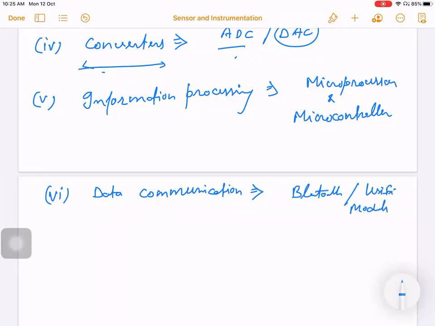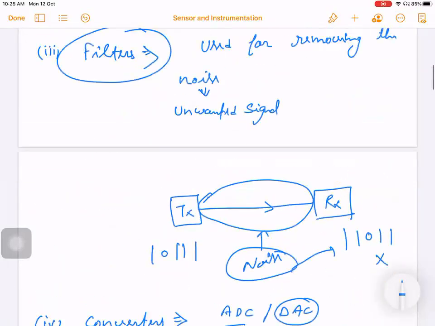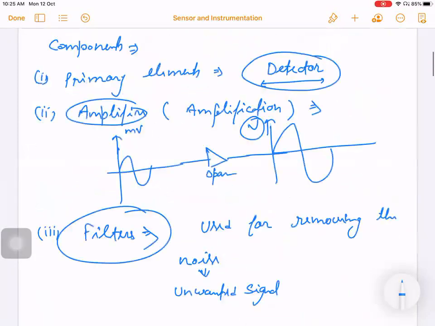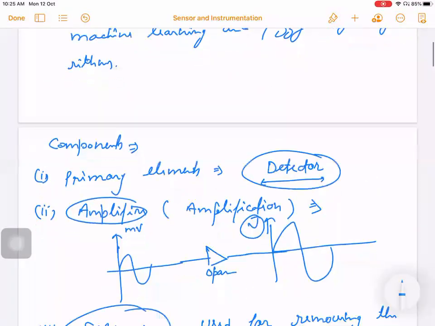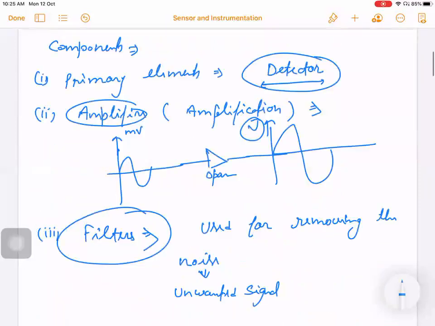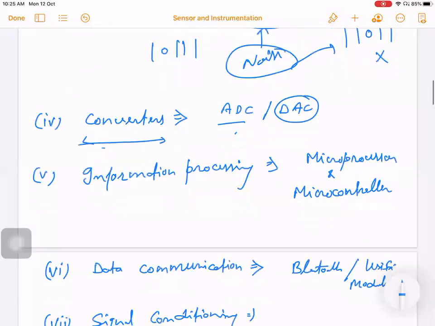Okay, there is another term used: signal conditioning. Okay, so the first component that I talked about, like I already talked about there, sorry, the second and third, it is a part of signal conditioning.